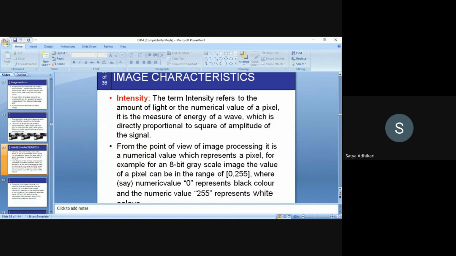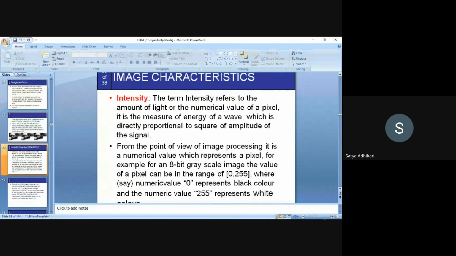We have already discussed this in the previous class. So a gray level value lies between 0 to 255 for an 8-bit grayscale image, and 0 represents the black color, whereas 255 represents the white color.